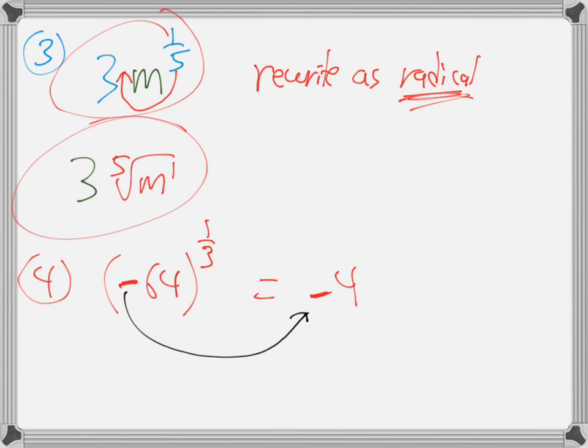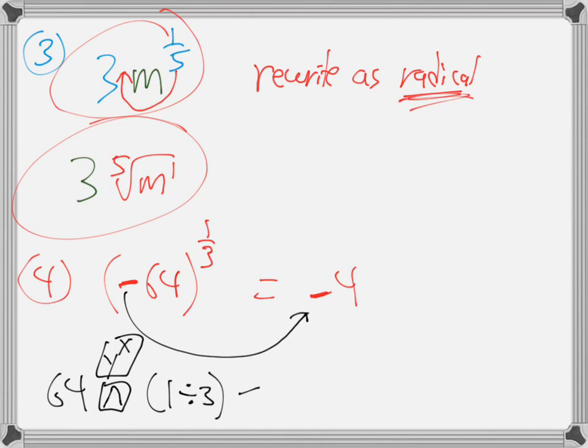Just on your calculator, go 64 to the power, which is either going to be an up arrow or a y to the x, and then parenthesis, which some calculators need, 1 divided by 3 equals. And you should get 4, and then you know it's negative, so throw the negative back in front.